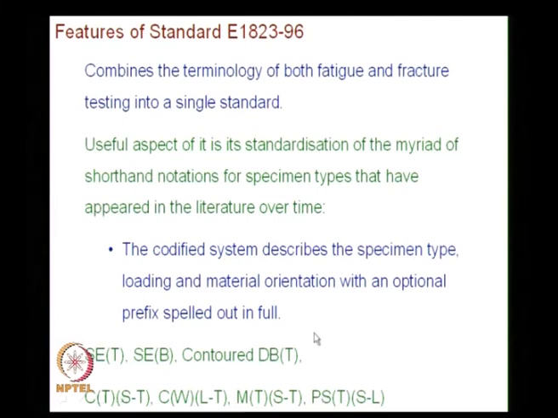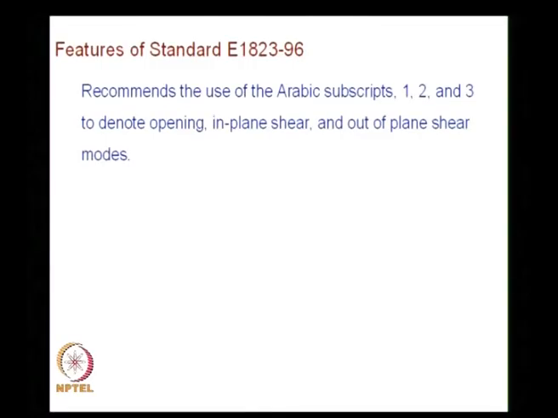So, this is like a sample; you will have to know, suppose you take a paper which follows this code and then abbreviates the specimen, you should know that you have already heard this in the course on fracture mechanics. And there is also another very interesting recommendation this code gives, no one seemed to have followed it.